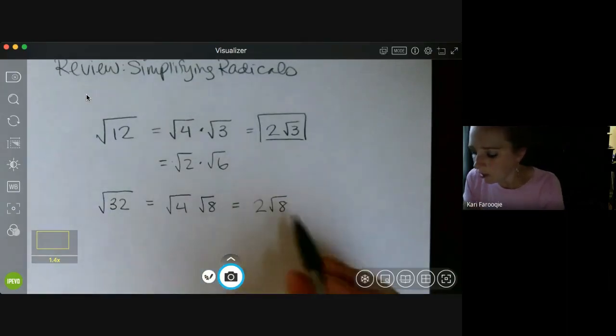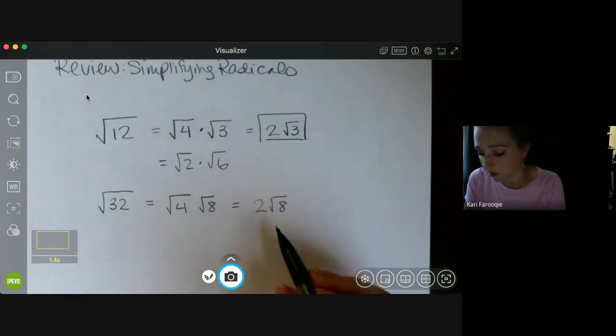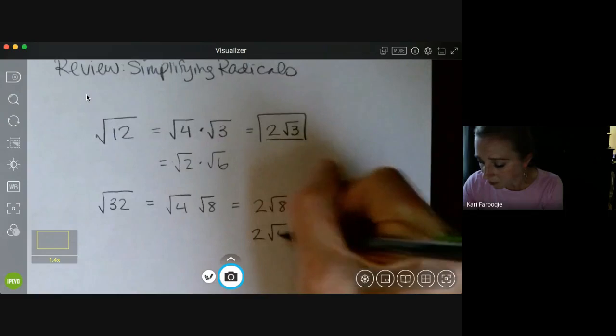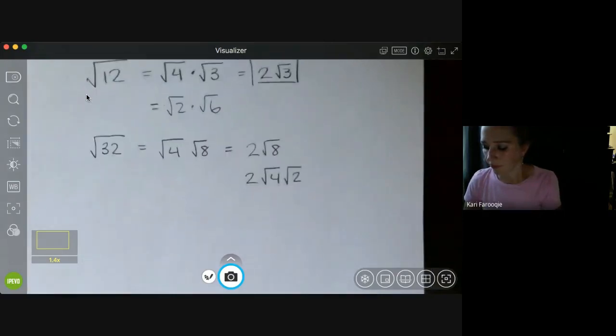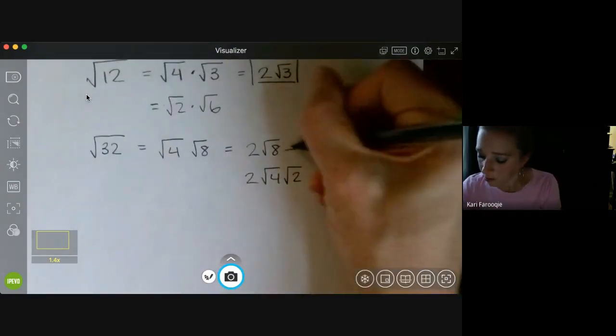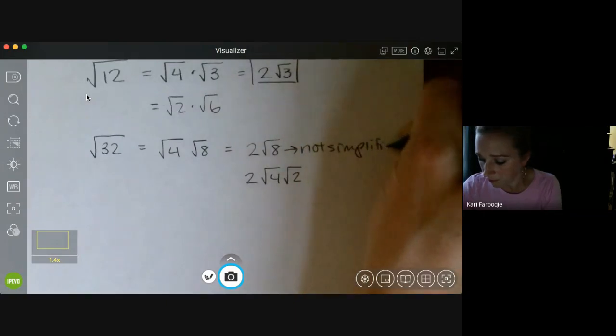And then they wonder, why is this still not being accepted? Well, the problem is that 8 still contains perfect square factors. 8 can be further broken down into the square root of 4 times the square root of 2. So this is not simplified. You have to go further.